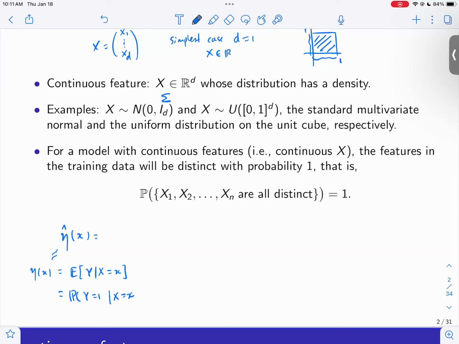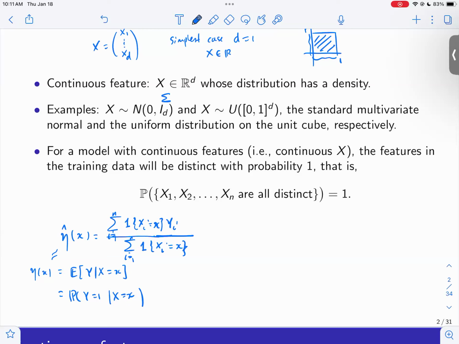So we're still looking at classification. Our estimate was the summation from i equals 1 to n of the indicator xi equals x times yi, divided by the summation of the indicator xi equals x.